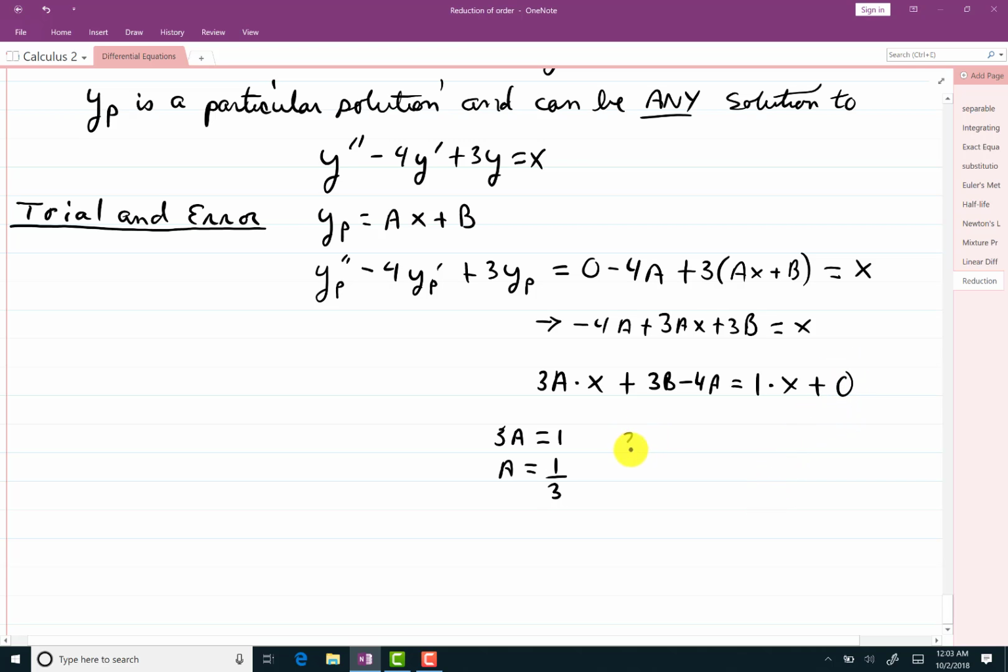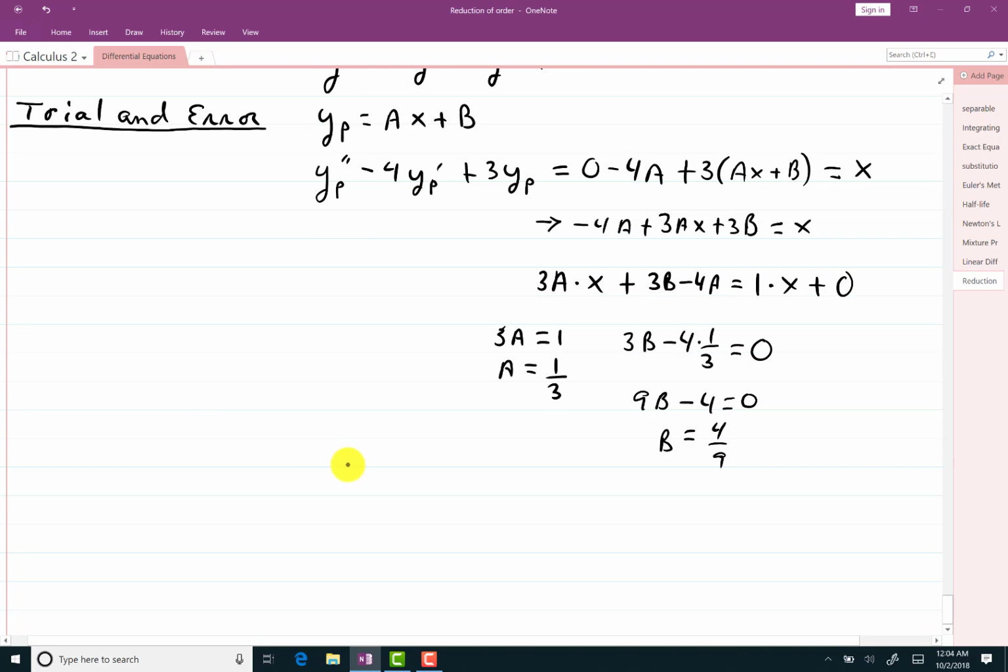So I have 3b minus 4 times 1/3 equals 0. And now all I have to do is solve this equation for b. First thing I would do is multiply through by 3 and get 9b minus 4 equals 0, or b equals 4/9. And so what I can use for my particular solution then, y sub p equals 1/3 x plus 4/9.